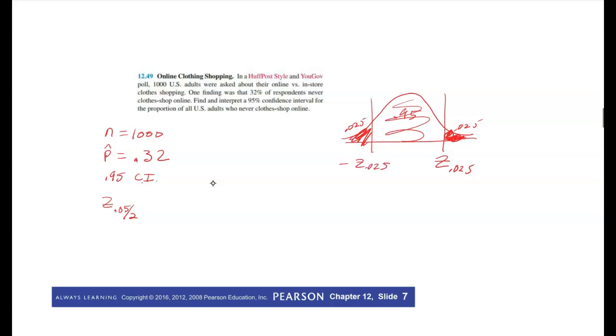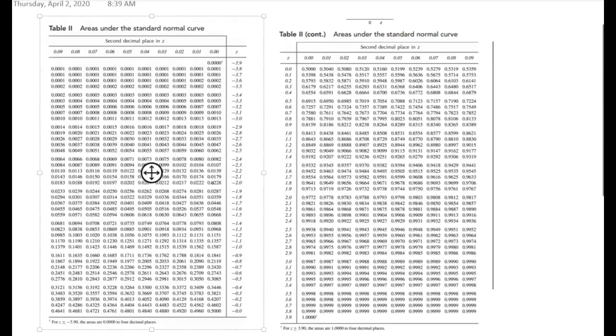Okay, so to do that, you can go right to your Z table. You can also, I don't have the T table on here, but if you recall, at the end of your T table, you have a list of your popular Z scores that you can use, so you don't need to go through this entire process. But if we try to look up 0.025, you're going to use the negative, of course, and you're looking for an area, so you are inside the table.